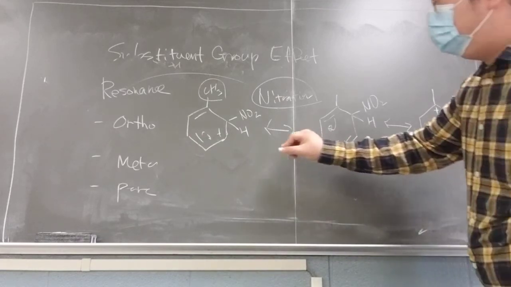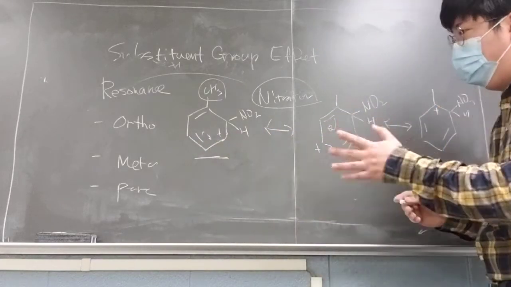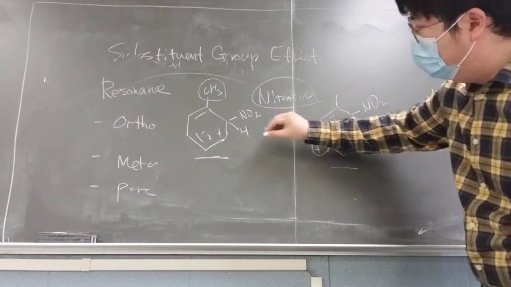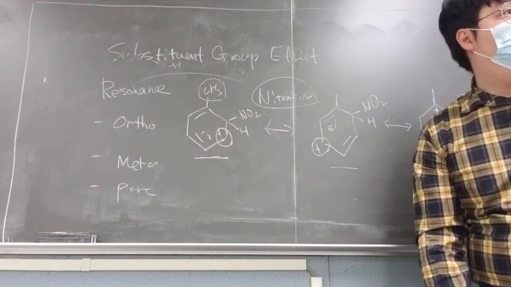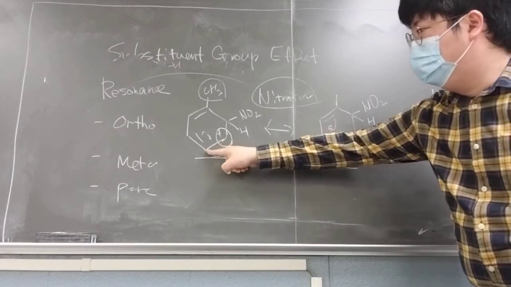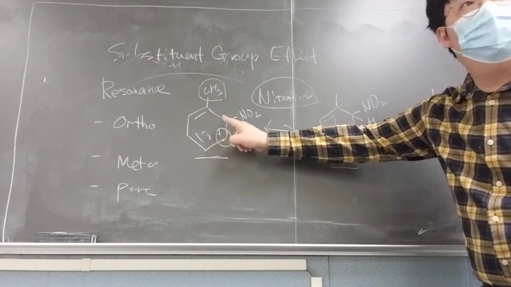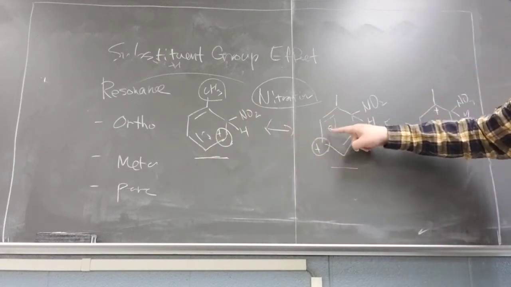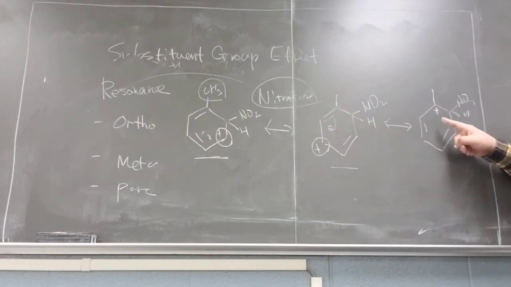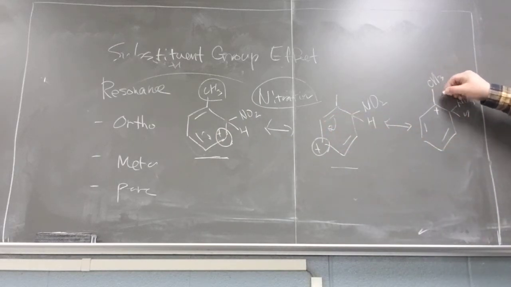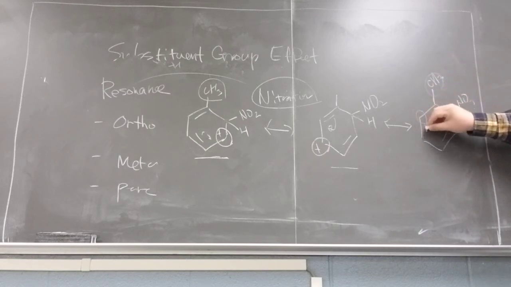These two have the carbocation position here and here, surrounded by 2 carbons here, and 2 carbons here. But here, because of this methyl group, it has 1, 2, 3.